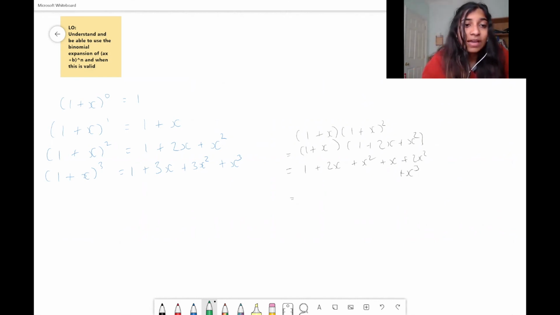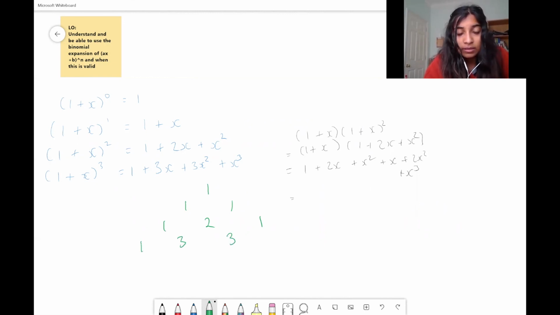So if we start from the top and we drew out the triangle, you'd have 1, and then you would have 1 and 1, and then you'd have 1, 2, 1. So we're just using the coefficient in front of each term of the expansion. And for the last one, we'd have 1, 3, 3, and 1.